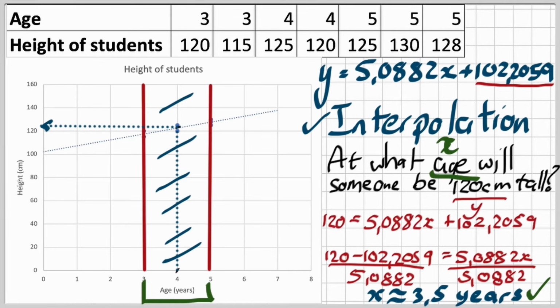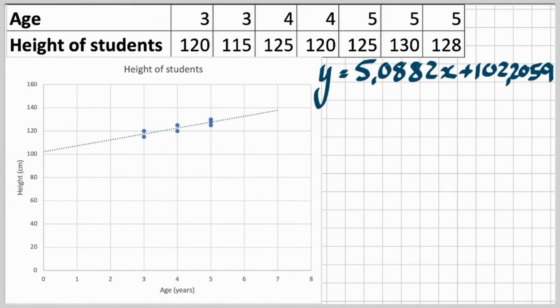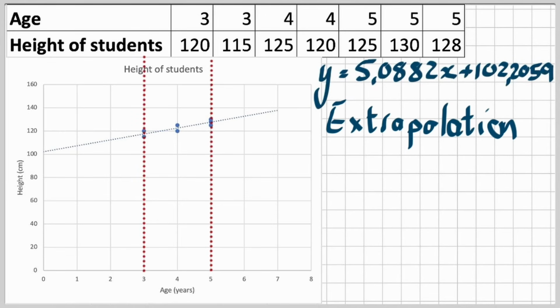But now, what is dangerous? Let's say I take the same experiment, but now I ask you extrapolation. Extrapolation is taking guesses or reading off values that lie outside of your domain.